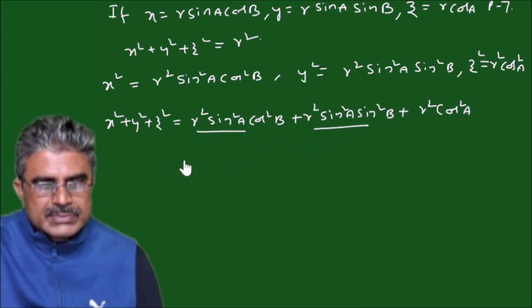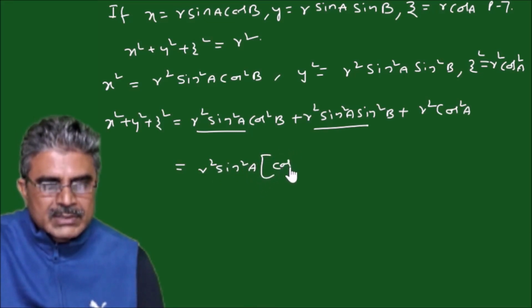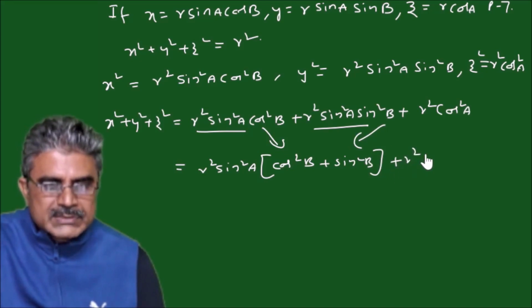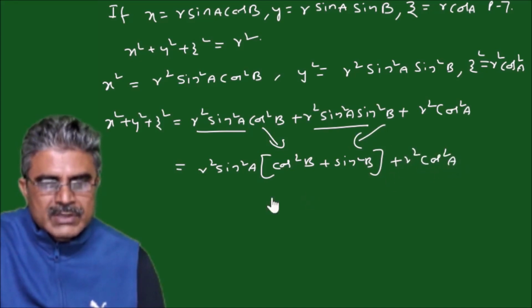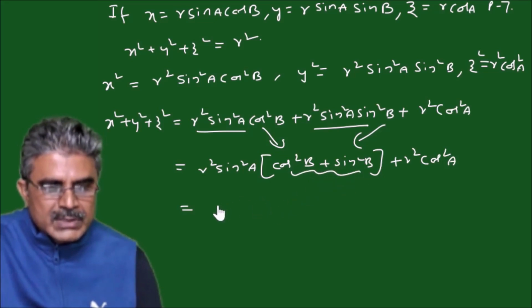From the first two terms, I can take r square sin square a as common, so the remaining thing is cos square b plus sin square b plus r square cos square a, which is equal to, this will be the identity, so that you will get 1 there.